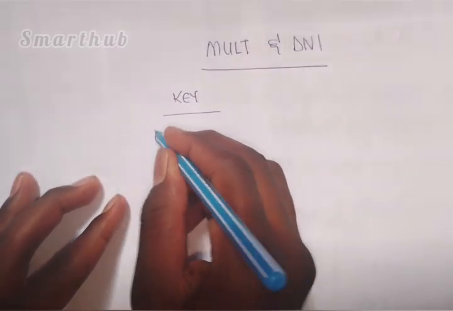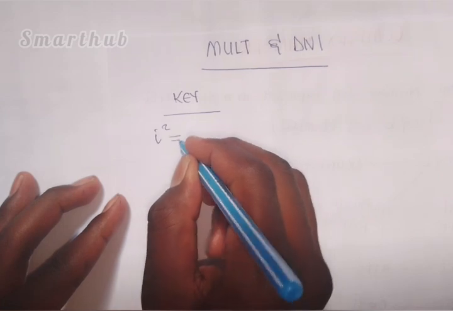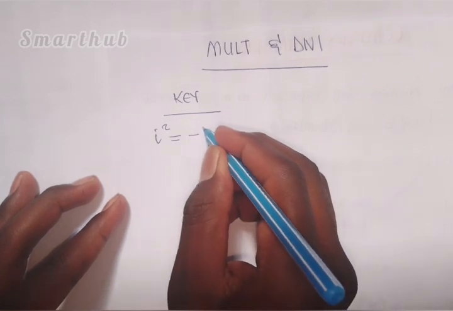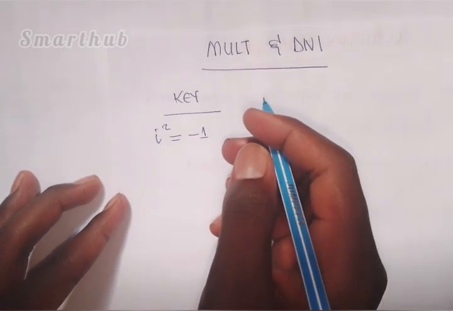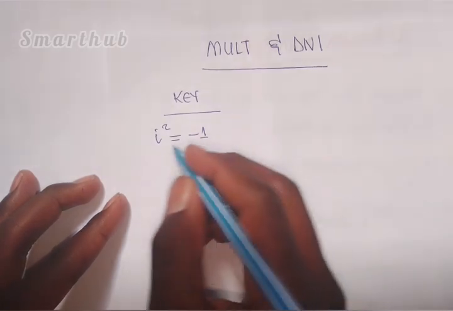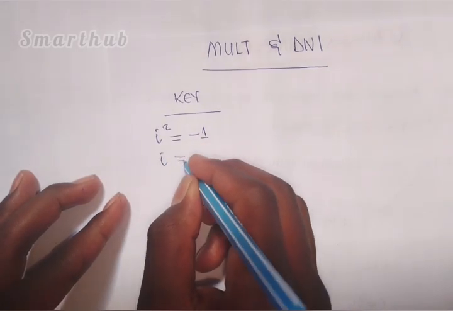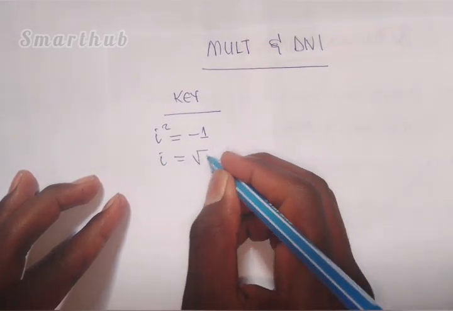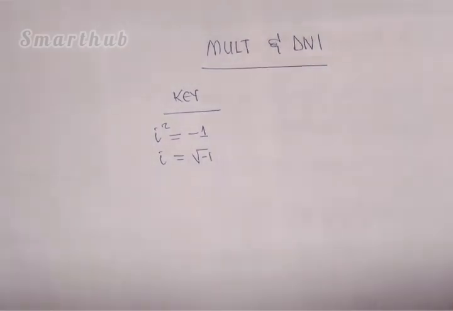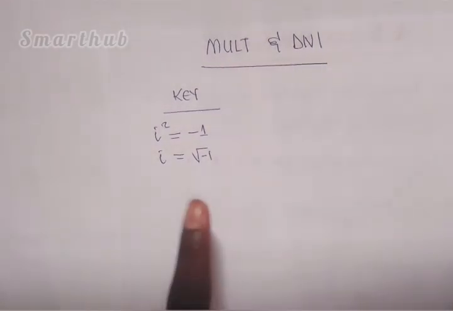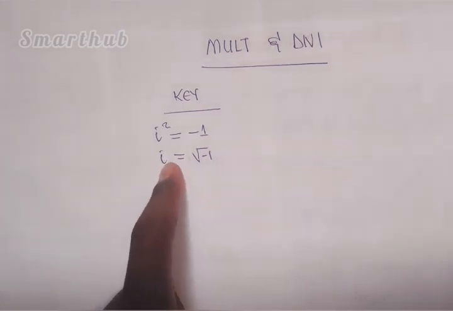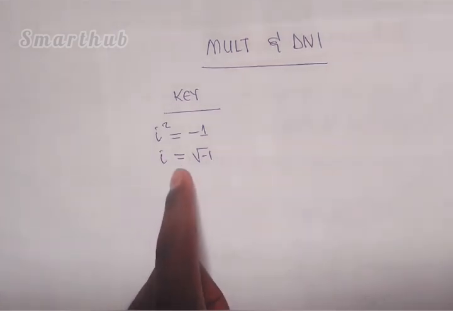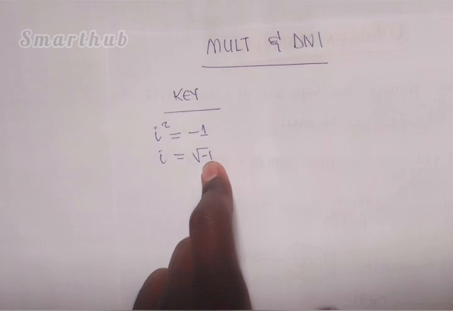i squared is equal to -1. Then i is equal to the root of -1. Wherever you see i, just replace it with the root of -1.